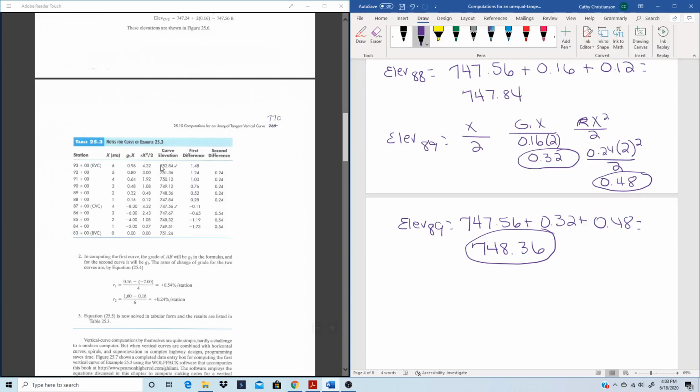You would take the 752.84 and subtract the 751.36. You take the difference between the two, and they put it right up here. So they got 1.48. And then you'll take the next one down, 751.36 minus the 750.12, and they got 1.24.